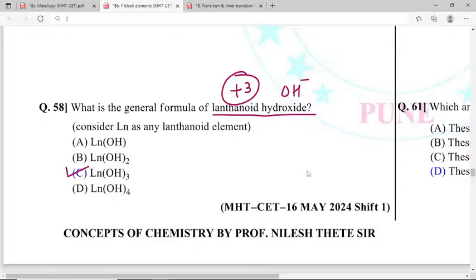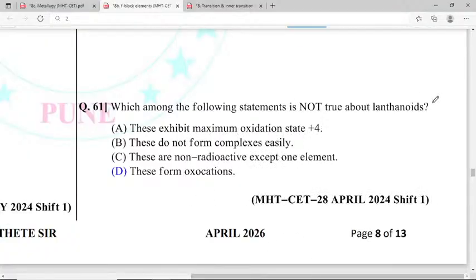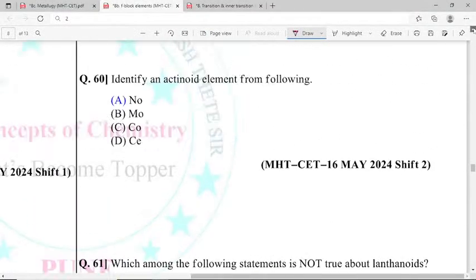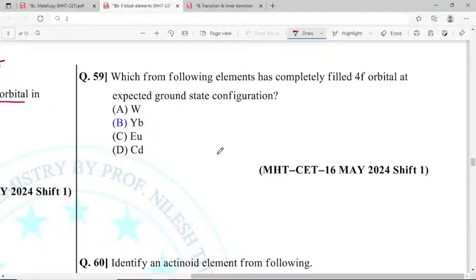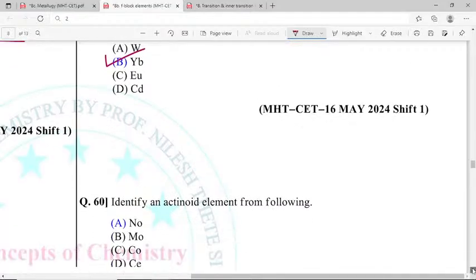Always remember, lanthanoids are in the +3 oxidation state, and hydroxide stands for OH minus, so this is Ln(OH)3. Which element has a completely filled 4f orbital? 4f14. Expected ground state configuration: Yb, ytterbium. Ytterbium is the answer.